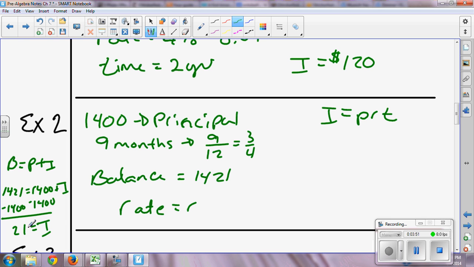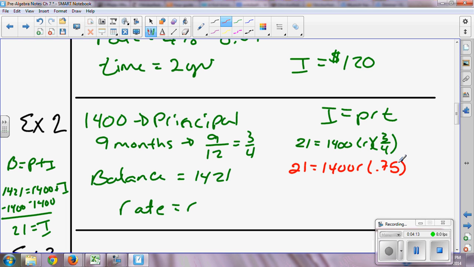So now I have interest, I have principal, and I have time. So I will have 21 is equal to a principal of 1,400 times the rate of R times the time of 3/4. I'm going to look at this as 0.75 since that's the same thing as 3/4.